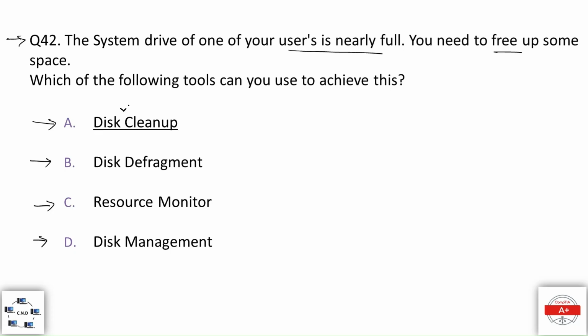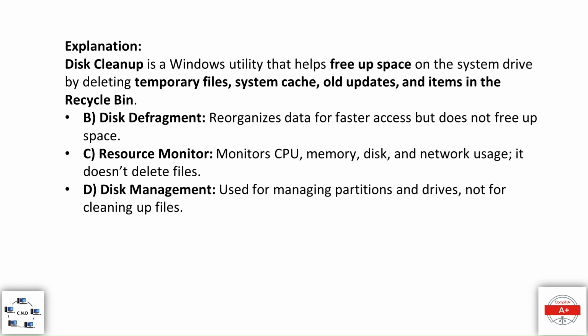Most of the time we have the clue in the name of the utility, such as disk cleanup. As the name indicates, this utility is used to clean up and free up space on the disk. Disk cleanup is a Windows utility that helps free up space on the system drive by deleting temporary files, system cache, old updates, and items in the recycle bin.